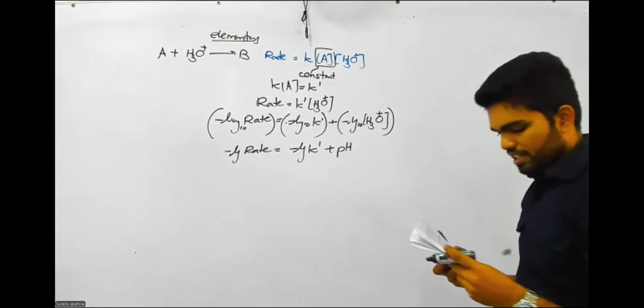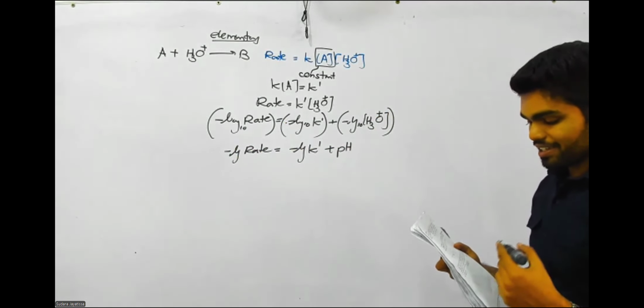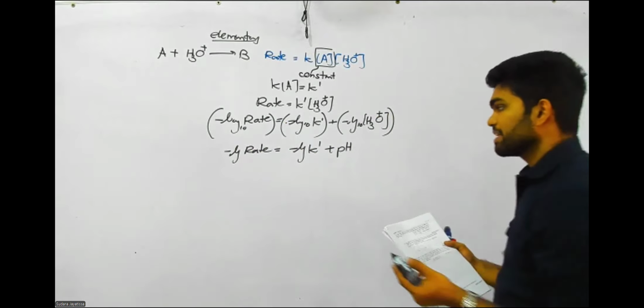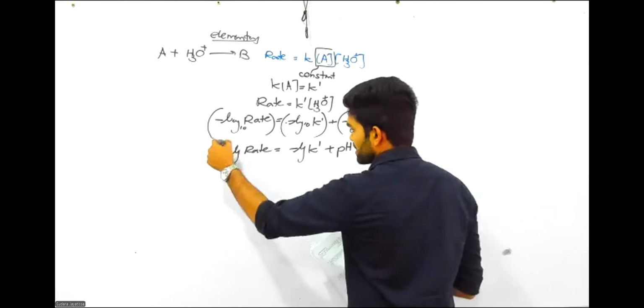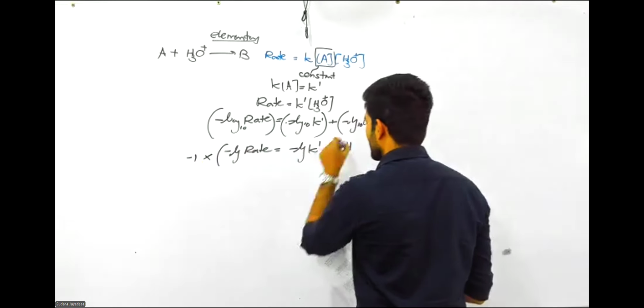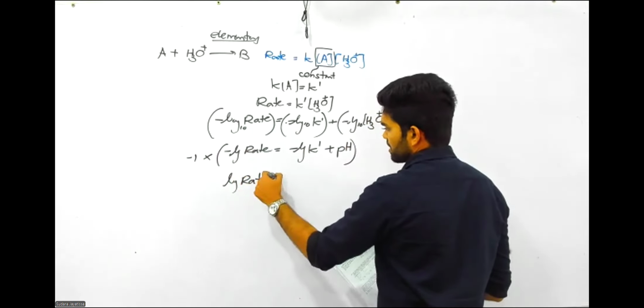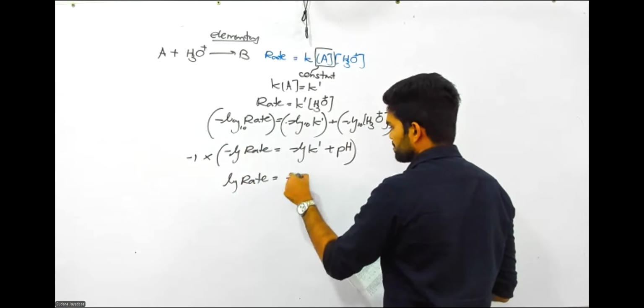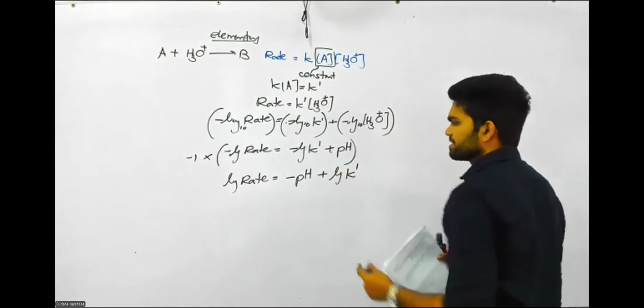Now in your graph it is log rate that is plotted, so let's multiply this whole thing by minus 1. Then it will become log rate equals minus pH plus log k dash.